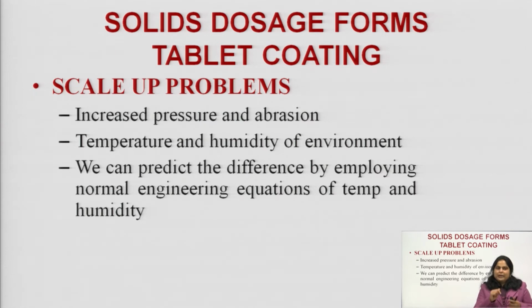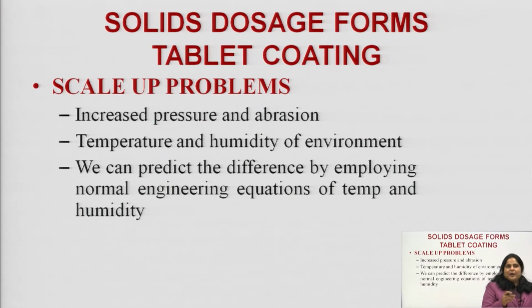Again, if the tablet bed, or the amount of tablets used for coating, is increased, then the solvent used for coating is also increased, and its evaporation, the amount of vapors formed during the coating process, is also more. So, the temperature and humidity of the environment in that particular room should be taken care of.